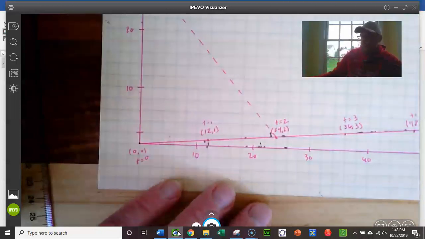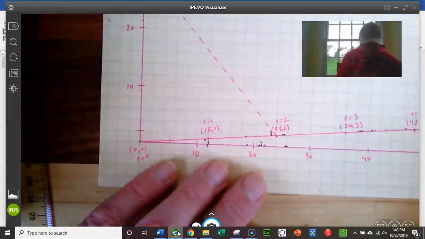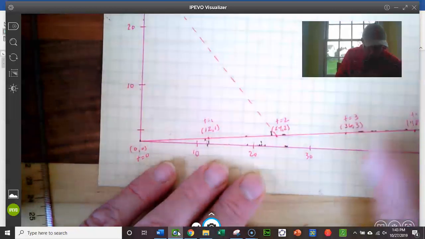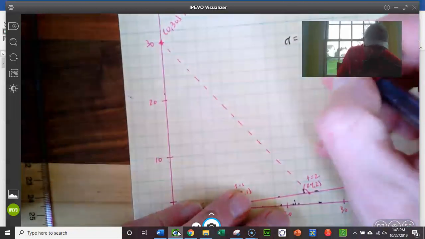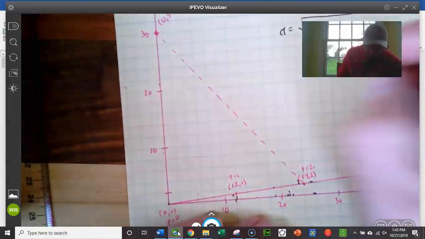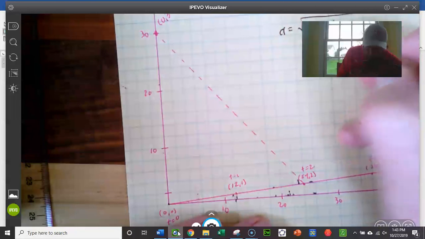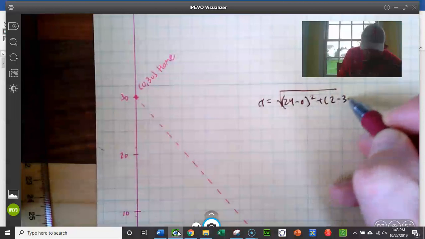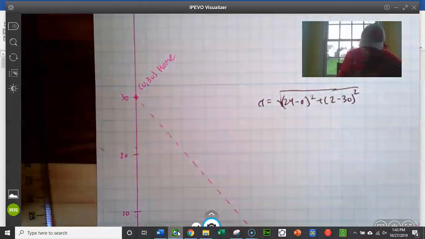And last but not least, we have how far? Okay, we are 24, 2. So the distance is 24 minus 0 squared plus 2 minus 30 squared. Oh, this one, okay.